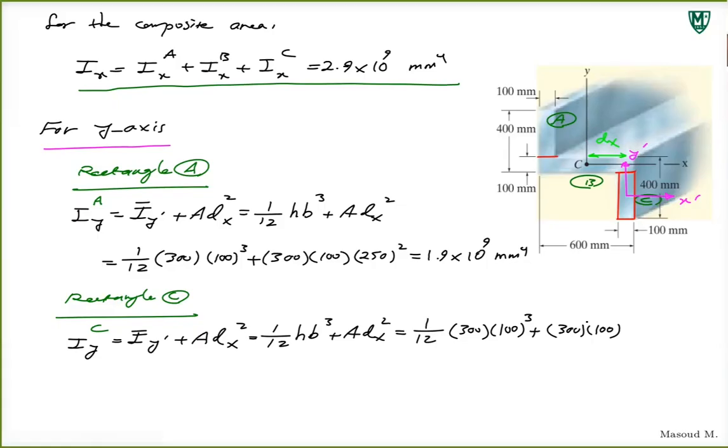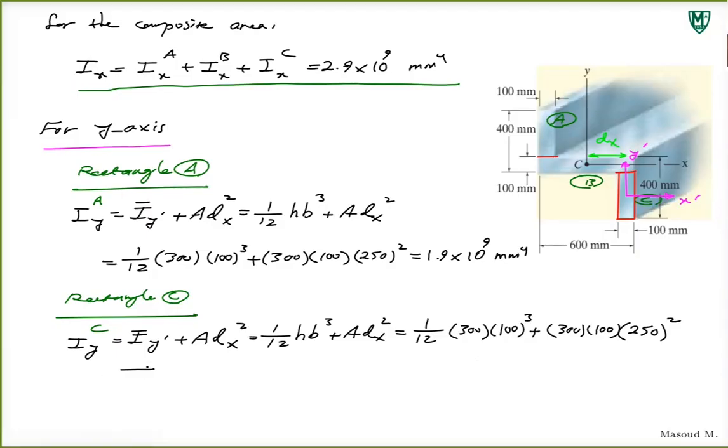You have 600, C is in the middle of rectangle B, so the distance from point C to one edge is 300, and then you have y prime, which is in the middle of rectangle B, so that's 50 millimeters from that edge. As a result, you have 250 millimeters from y to y prime. 250 squared.